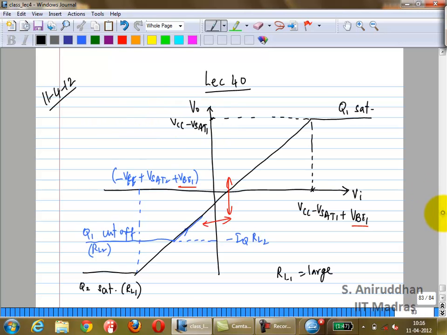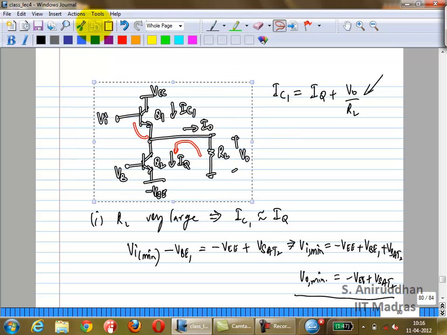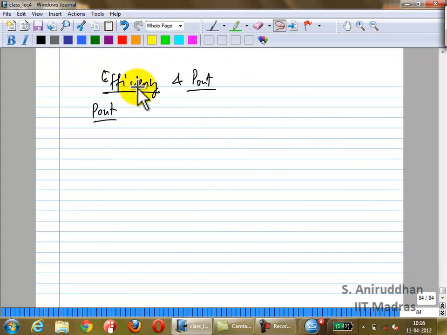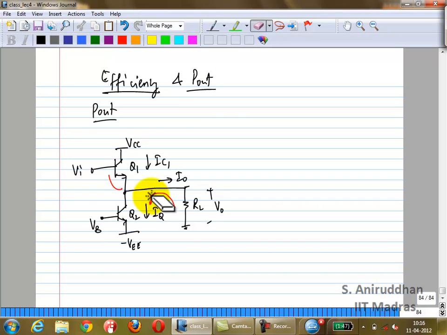Let me get that circuit back. What is VCE1, the collector emitter voltage? Nothing but VCC minus V naught.